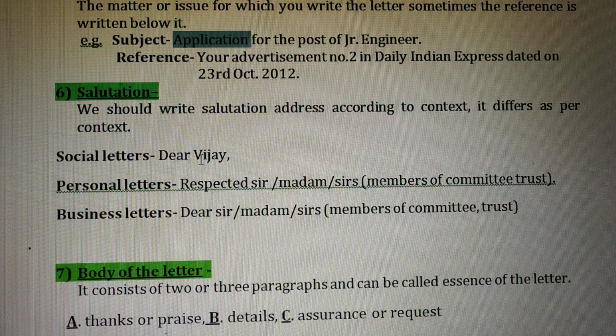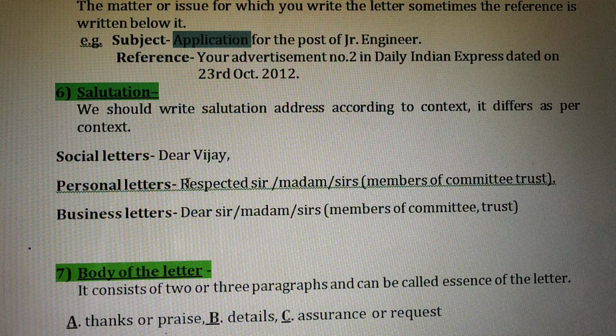First, personal letter: dear Vijay, whatever you may write, dear, my dear, whatever you are maybe. Personal letter, you should write, if you are writing application letter for any document from the office, you write respected sir, respected principal.